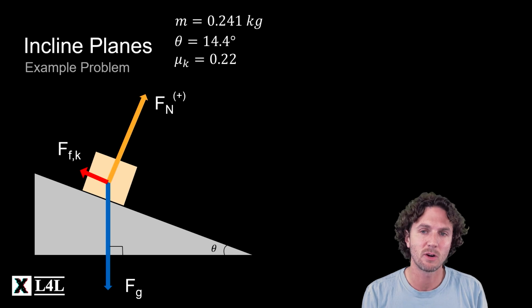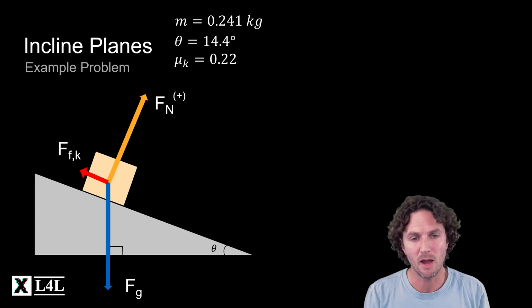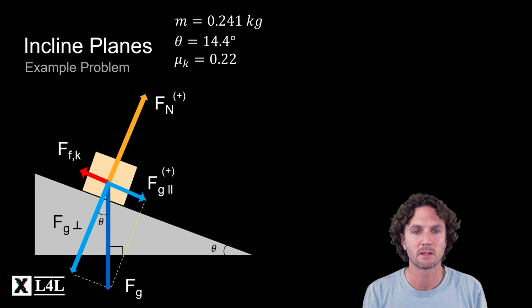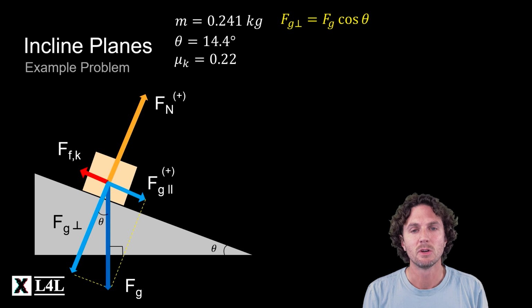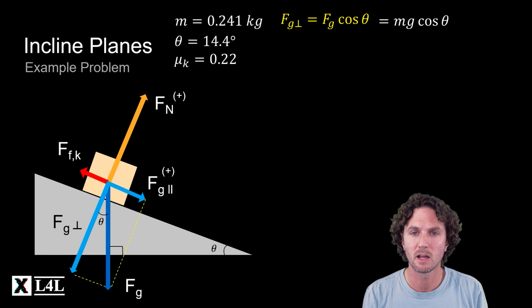However, for us to work through and solve the problem, I would need to break up this force of gravity into the parallel and perpendicular components, as we previously discussed. Again, the force of gravity in the perpendicular direction is going to be the force of gravity times the cosine of theta, the angle of incline.